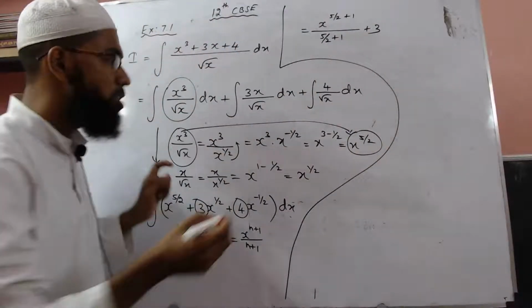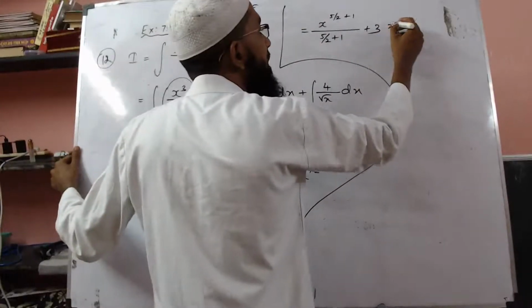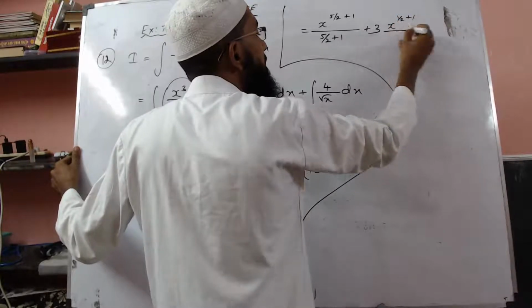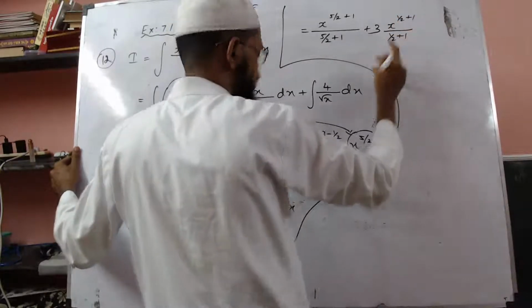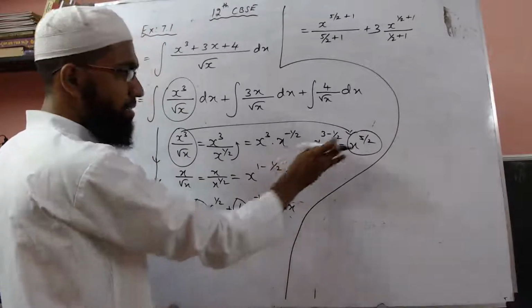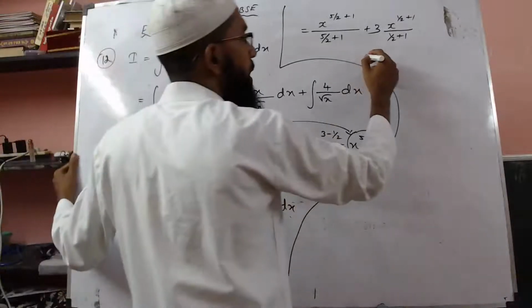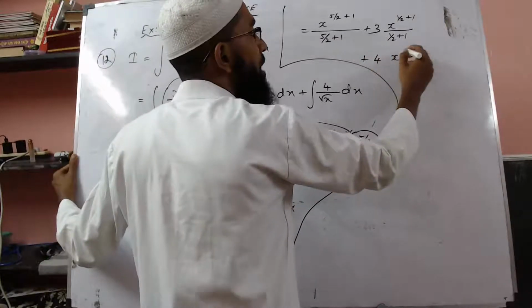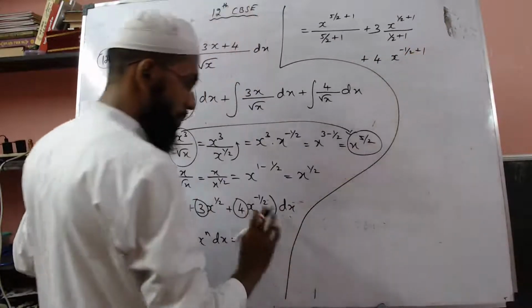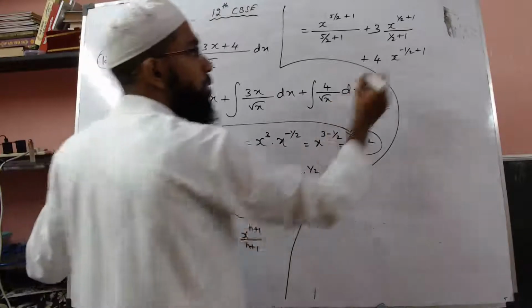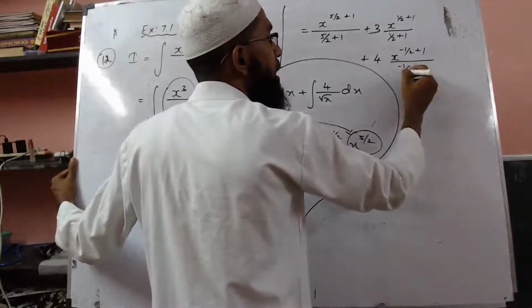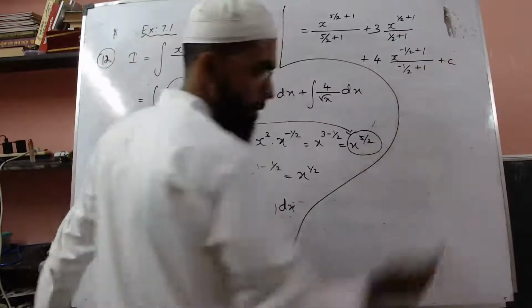Using the formula, x power 1 by 2 plus 1 by 1 by 2 plus 1. Then plus 4 into x power minus 1 by 2 plus 1, because here the power is minus 1 by 2, so minus 1 by 2 plus 1 by minus 1 by 2 plus 1, plus c, we have to put it there.